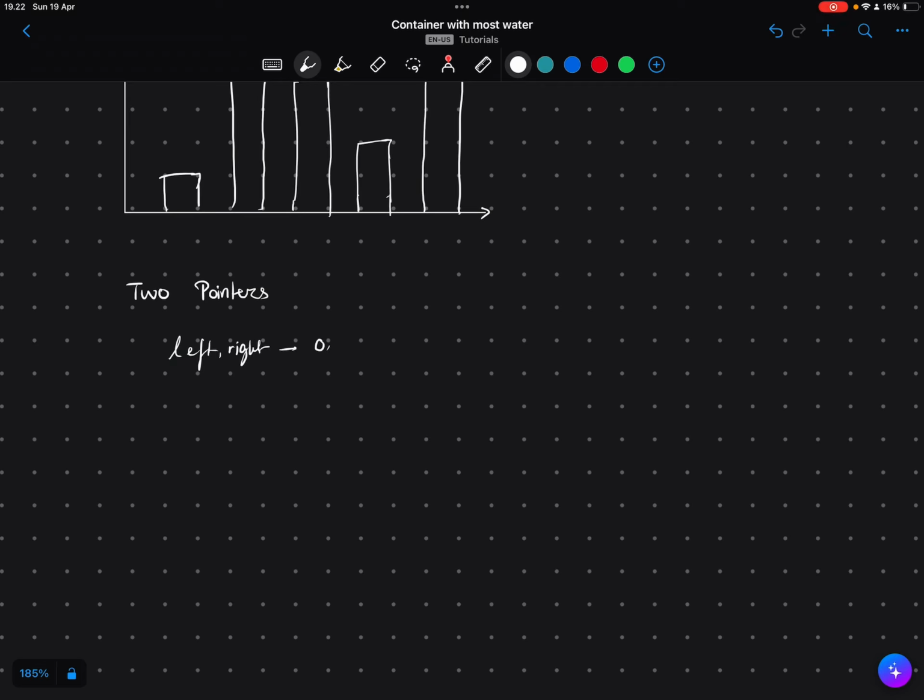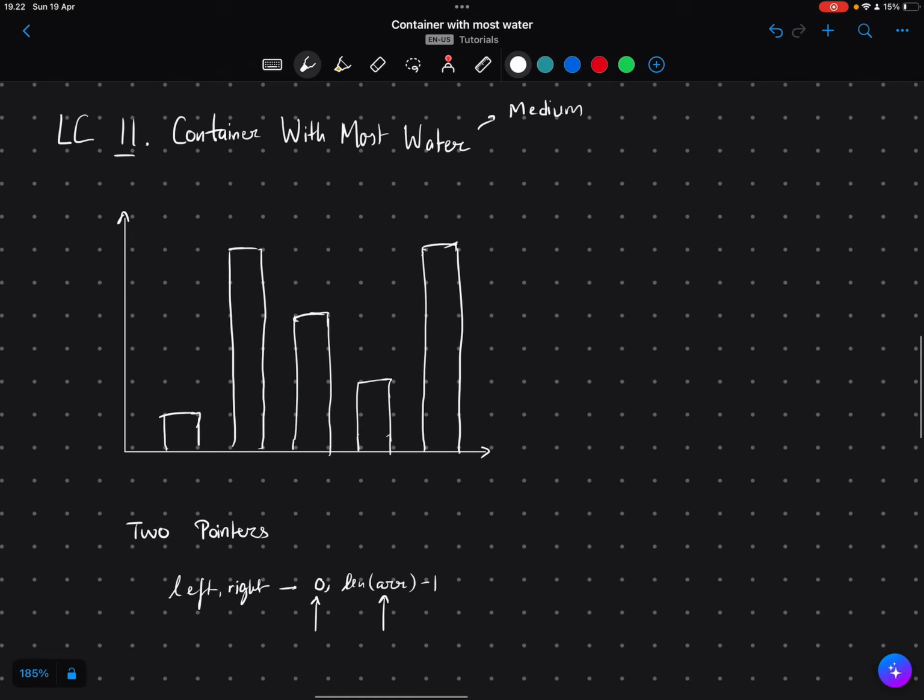Usually we start with left at the very start and right at the very end, and then you increment or decrement your left pointer and right pointer to get to some point. That's what the pattern is in a nutshell.